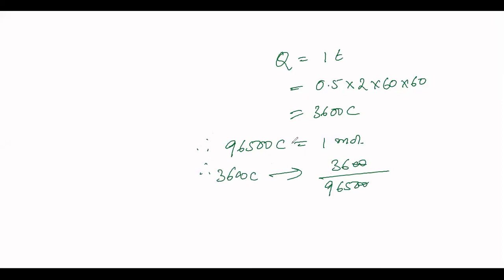Is it so? That is the number of moles of electrons flowing through the wire. 0.037 is close to 0.04, so you can round it off to 0.04. Hence the correct option has to be option 3. Correct? Yes. Okay.